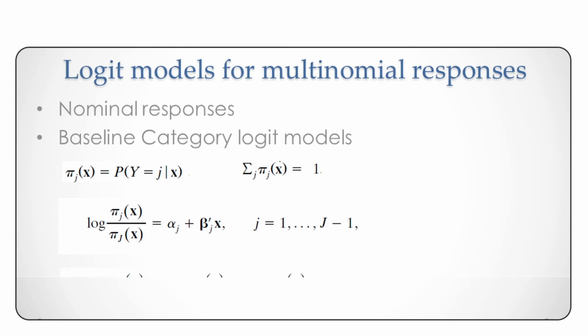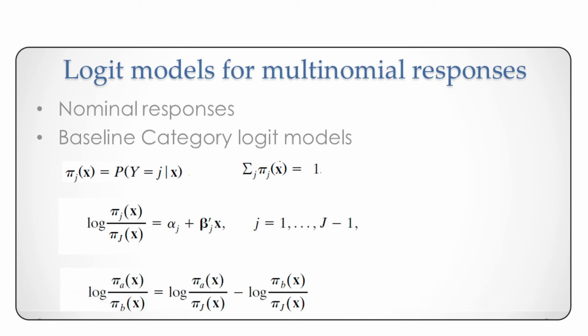Here we have decided to use the last category, capital J, as the reference category, and it is possible to obtain the odds comparing any pair of categories using the fact that log of pi a x by pi b x is equal to log of pi a x by pi capital J x minus log of pi b x by pi capital J x, where the relationship alpha j plus beta j prime x would hold for all j equal to 1 to J minus 1.